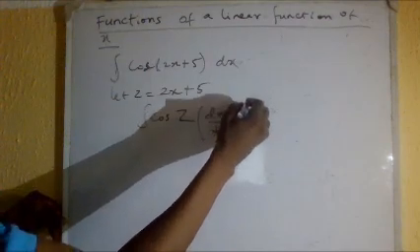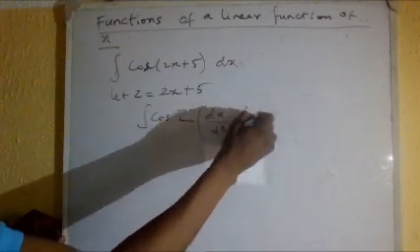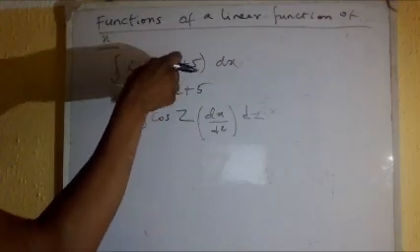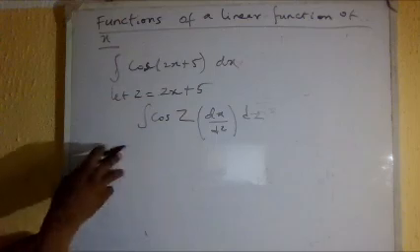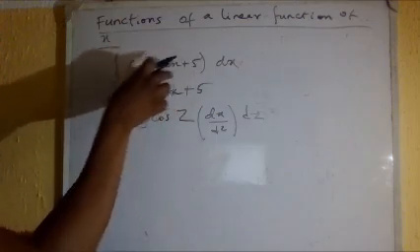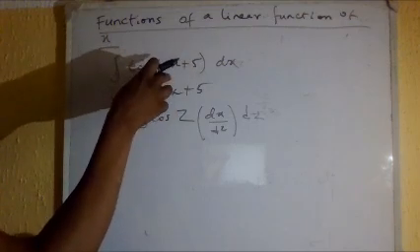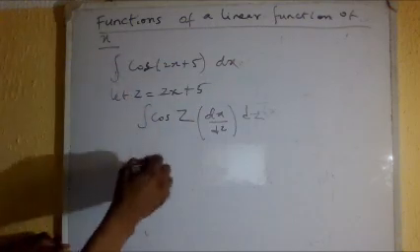What I'm doing here is to ensure that the linear function is differentiated relative to x and inverted and brought out. If I differentiate this linear function inside here, the answer is 2. Then if I invert it, it is 1 over 2. So I bring that 1 over 2 outside.